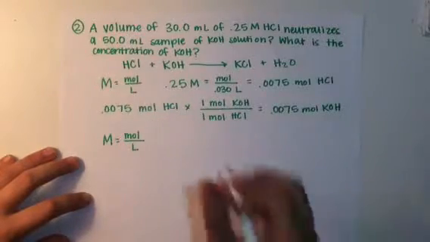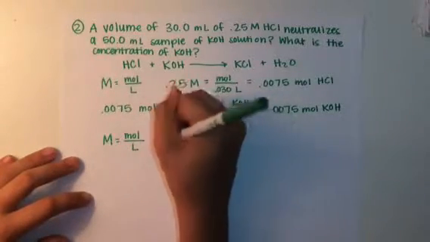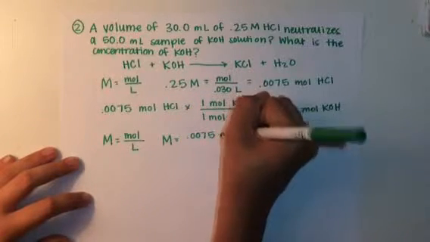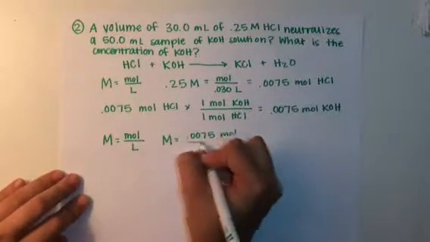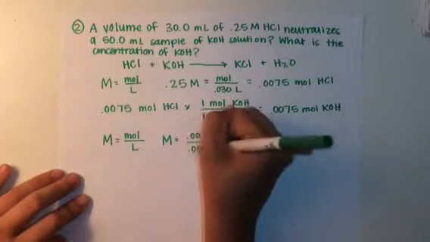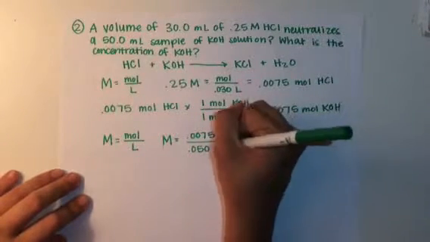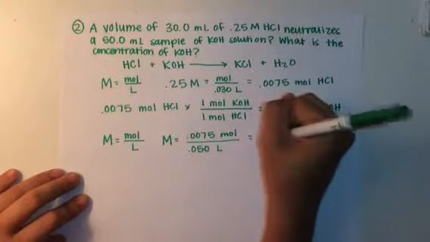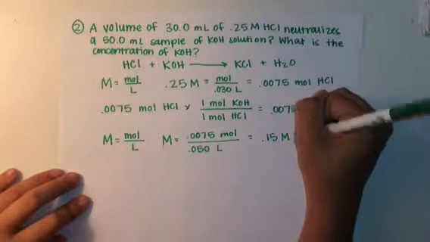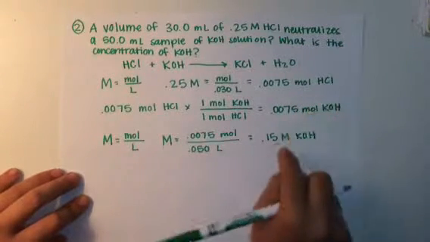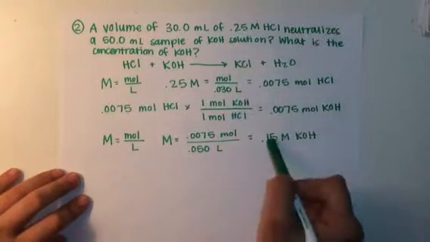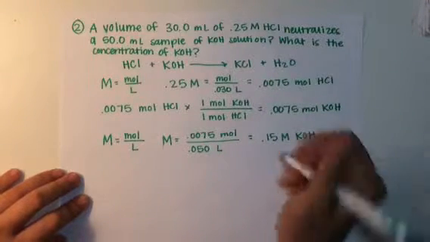Molarity equals 0.0075 moles over 0.050 liters, converting to liters once again, which equals 0.15 molarity of KOH. Then we check for sig figs once again. It matches up: two sig figs, two sig figs, two sig figs. So this is the final answer.